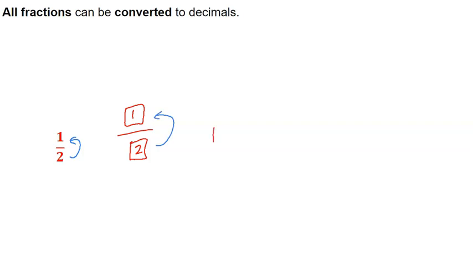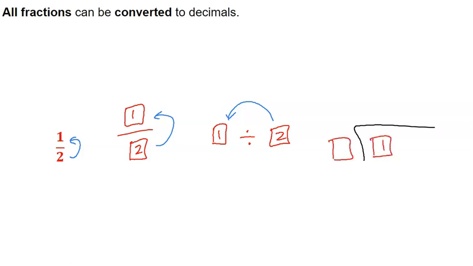The same calculation could be shown as this. Does 2 fit into 1? And clearly, it cannot fit 1 whole time. So we can also use a simple short division calculation and consider, does 2 fit into 1?